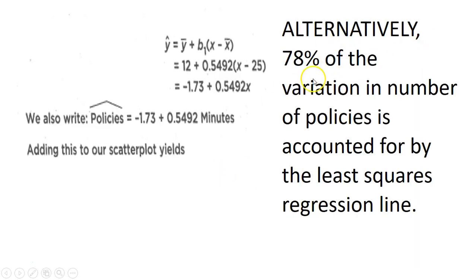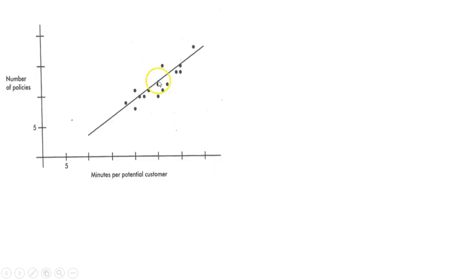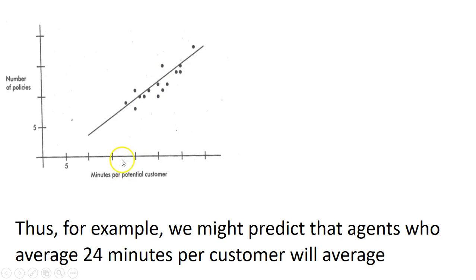So, alternatively, we could say 78% of the variation in the number of policies is accounted for by the least squares regression line. 78% of the variation in policies is accounted for in that regression line, right? So, for example, we might predict that agents who average 24 minutes per customer, so 5, 10, 15, 20, 25, will average up here, maybe 11 to 12-ish.